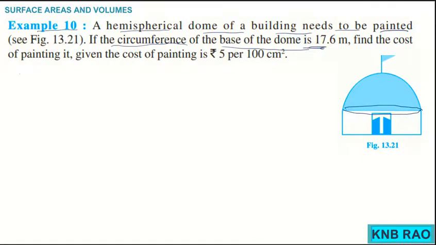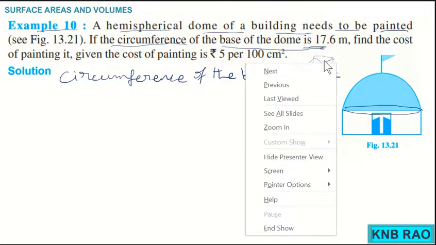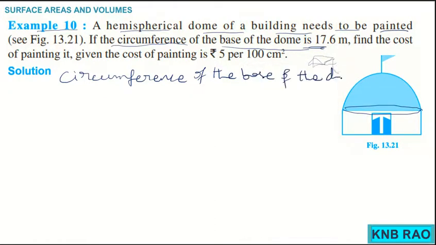So, in the solution I have to equate the circumference of the base of the dome, which is 2 pi r, to 17.6 meter. Now, from this I can find r also, isn't it?